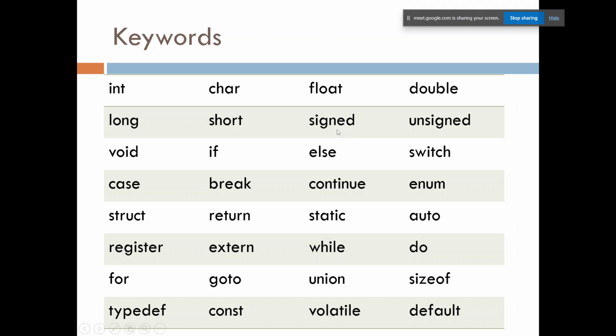There are two types of integers, signed integer and unsigned. Signed means with sign, if you want to store like plus 10 or something like that, positive. Unsigned means without any sign, if you want to store, we go for unsigned. And then void is to represent the return type of a method or function.